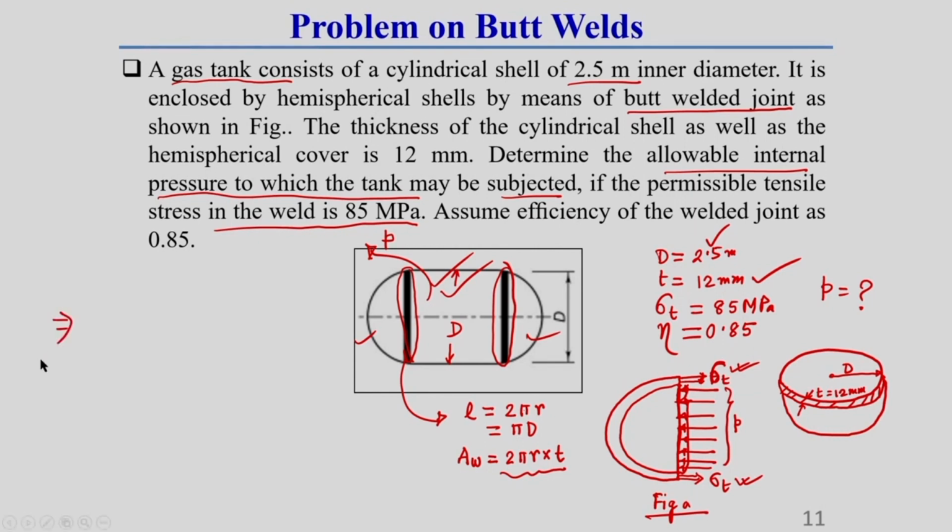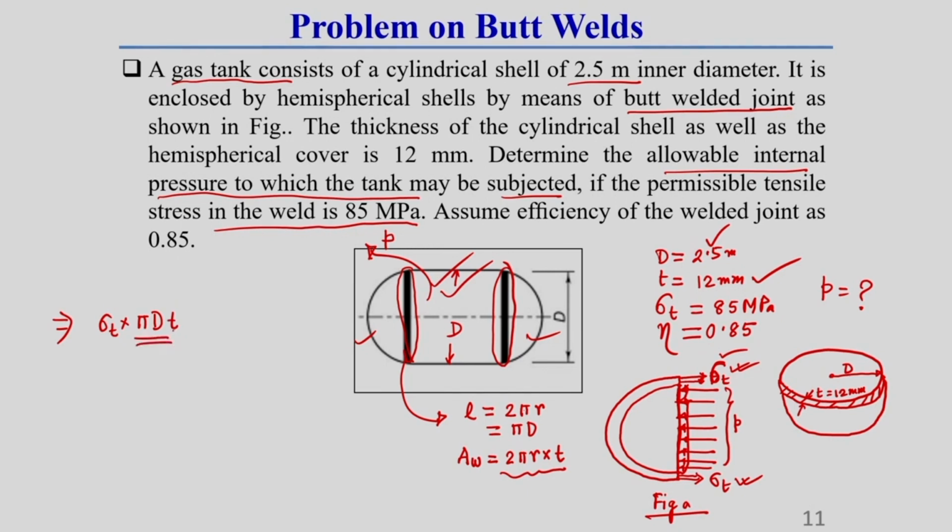What should be the total force acting in this weld? The total force acting in this weld will be the cross sectional area of this weld into this sigma t into its efficiency. So, first of all we find this sigma t into pi into d into t, which is the cross sectional area.